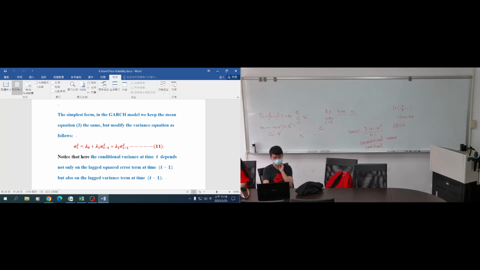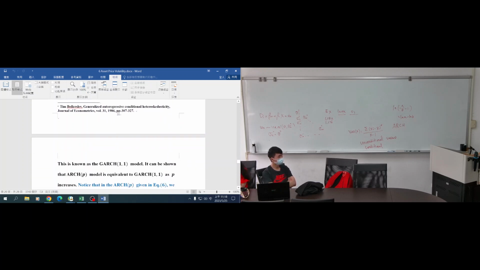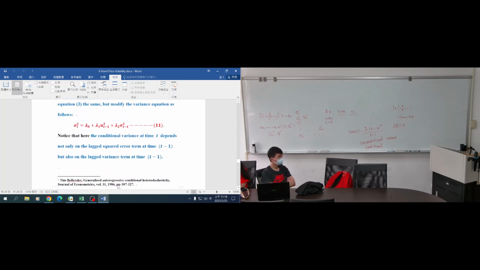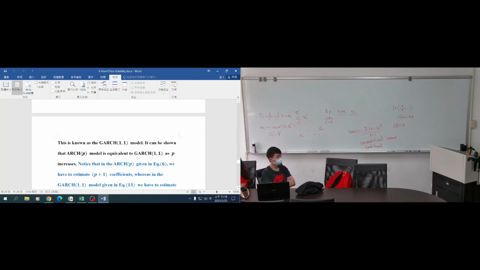The conditional variance at time t depends not only on the lagged squared error terms at time t minus 1, but also on the lagged variance terms at time t minus 1. This is known as GARCH 1,1. And it can be shown that GARCH P model is equivalent to GARCH 1,1 as P increases.